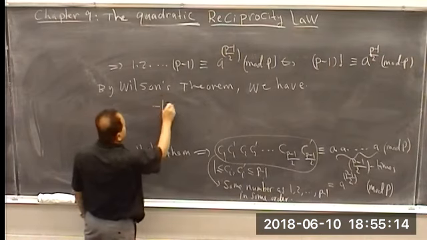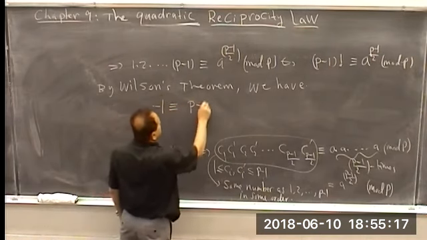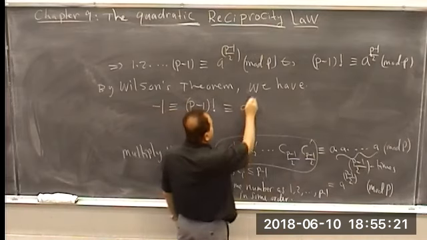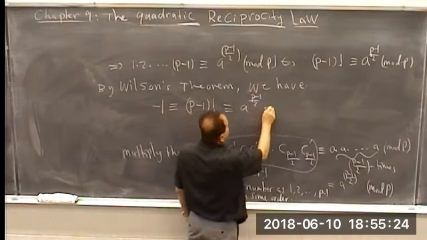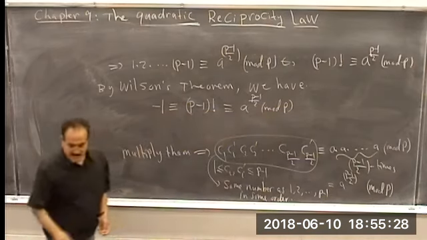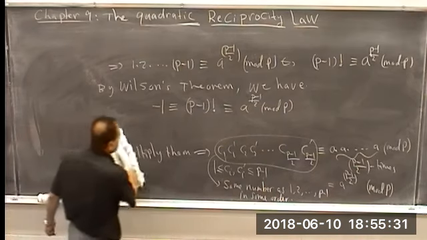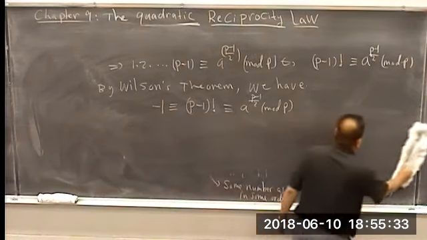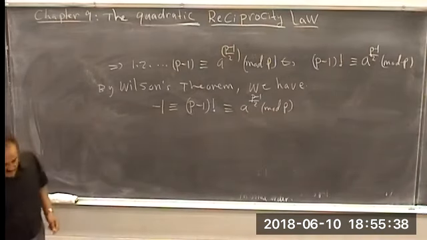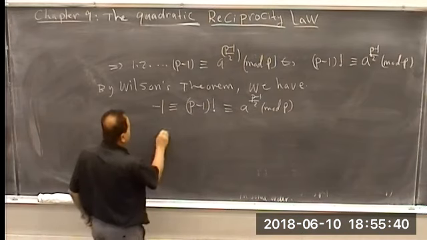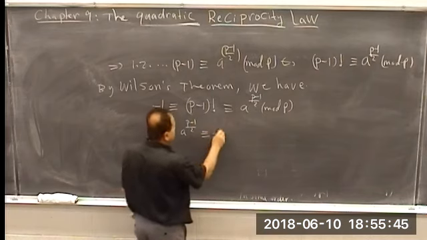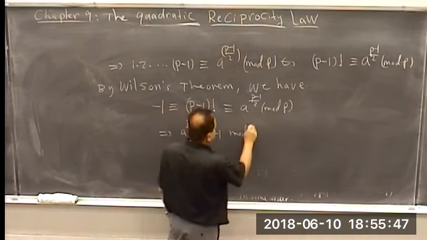So negative 1 is congruent to P minus 1 factorial, but this is congruent to A to the power P minus 1 over 2 mod P. So we proved, and this is it, which means that A to the power P minus 1 over 2 is congruent to negative 1 mod P.